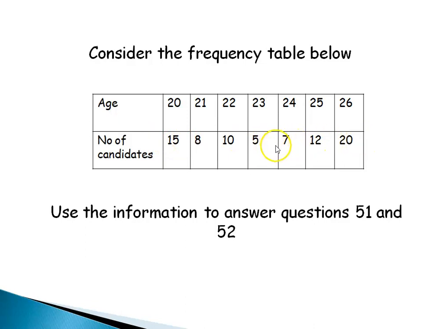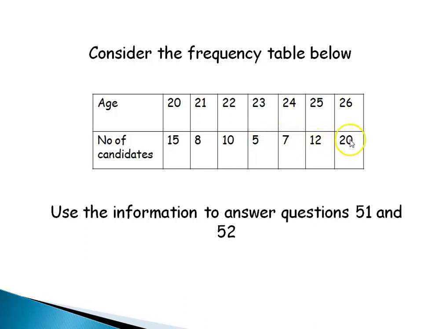So wherever they meet is going to be my middle number. So let's start from here. This is 15. 15 plus 8 is going to give me 23. 23 plus 10, 33. Plus this 5, 38. Then this is where 38.5 will be. The half will be here.